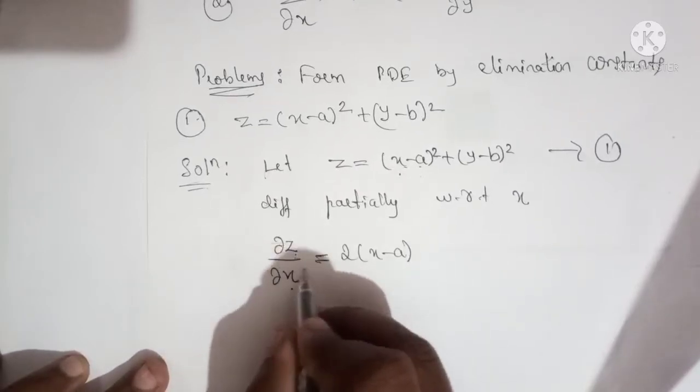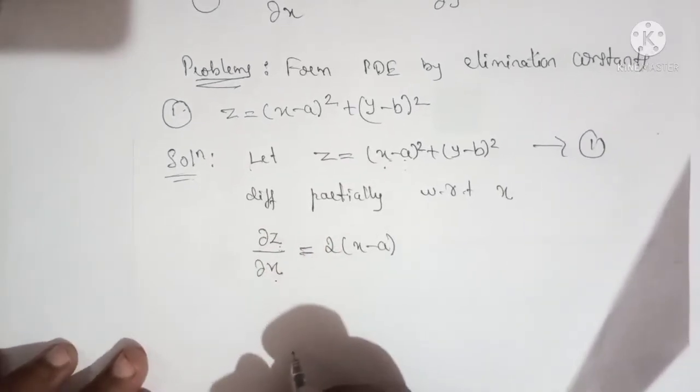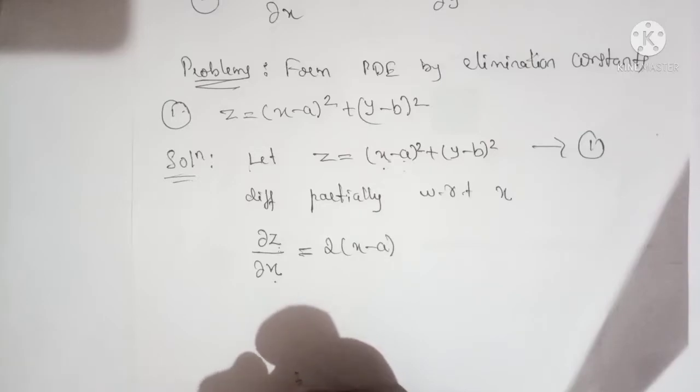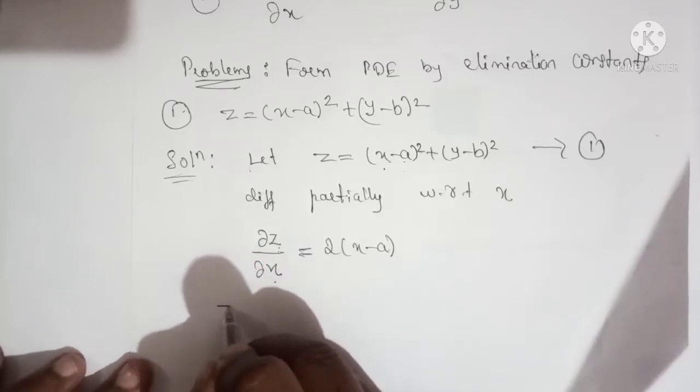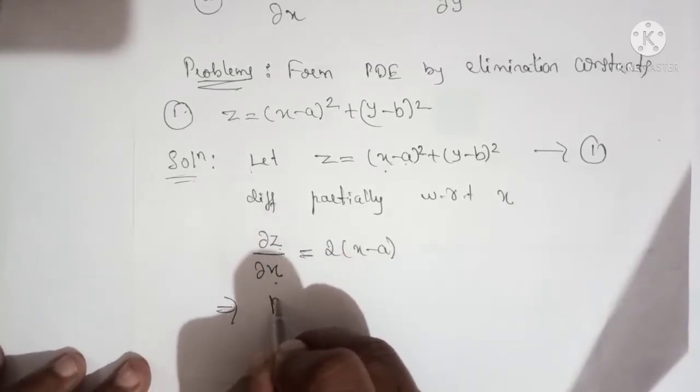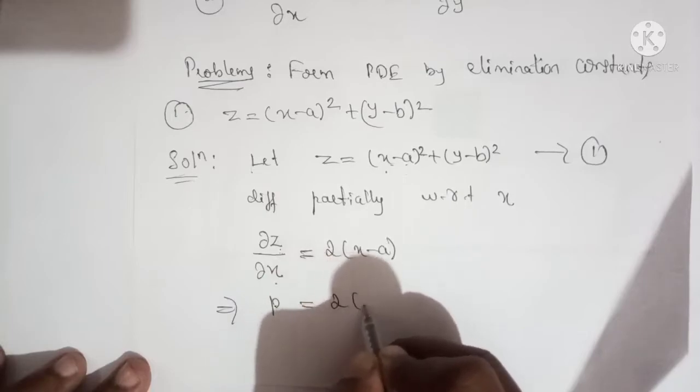As I said earlier, in this chapter ∂z/∂x is represented by p, so we replace ∂z/∂x by p, equals 2(x − a).